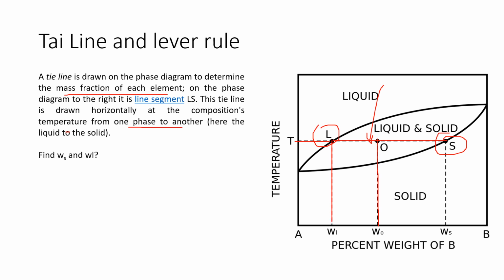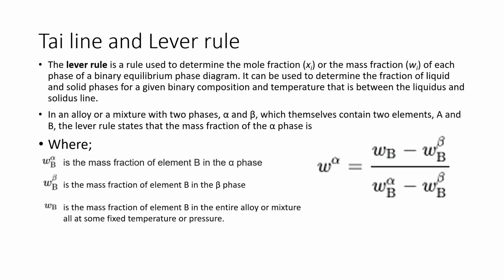One is for the liquid phase, WL, or weight of the liquid, and for the solid phase we draw a vertical line from point S downward, which represents WS. So percentage weight of B is shown horizontally, temperature is vertical for a general phase diagram.